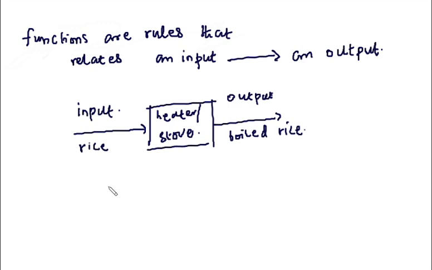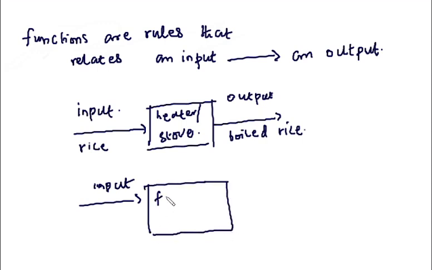Okay, so let's relate this to numbers. So let's say this is still our function. So this is a function, and then this is the output of the function. Okay, so if you input x into this function, the input of the function is x.